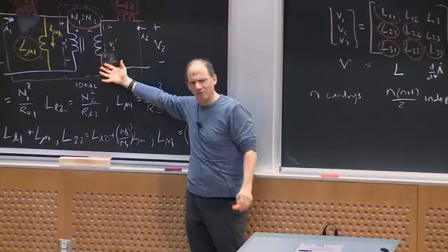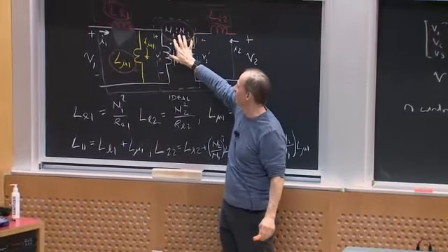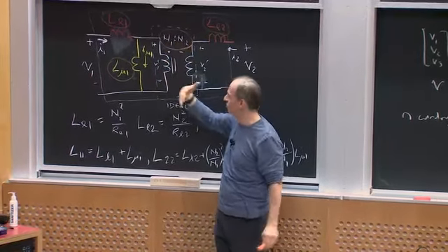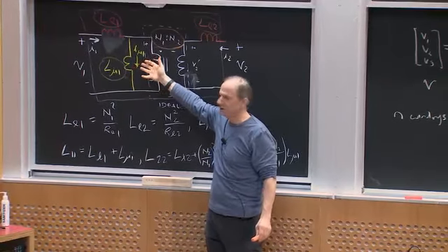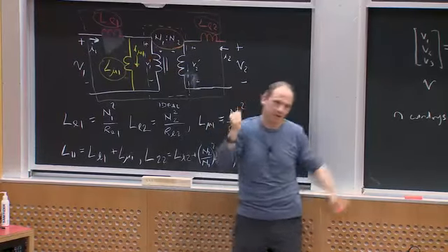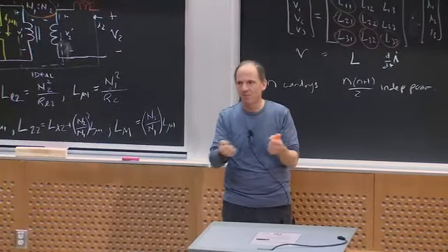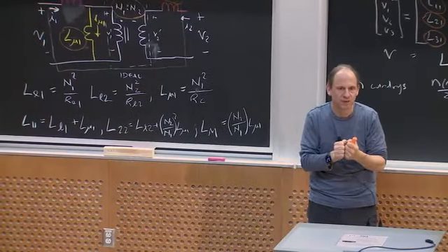So those are physical values of inductance representing physical energy storage, and this turns ratio is the physical turns ratio. If I arbitrarily pick one of these models, there's no guarantee that the inductances in my parameters end up being positive or anything else. They're going to be whatever they need to be to match the terminal behavior.